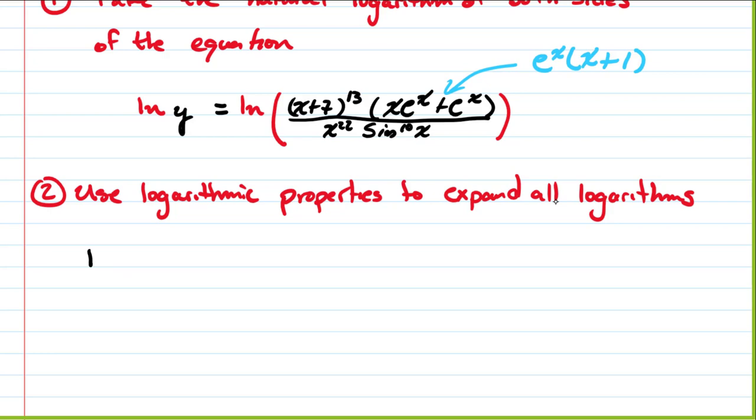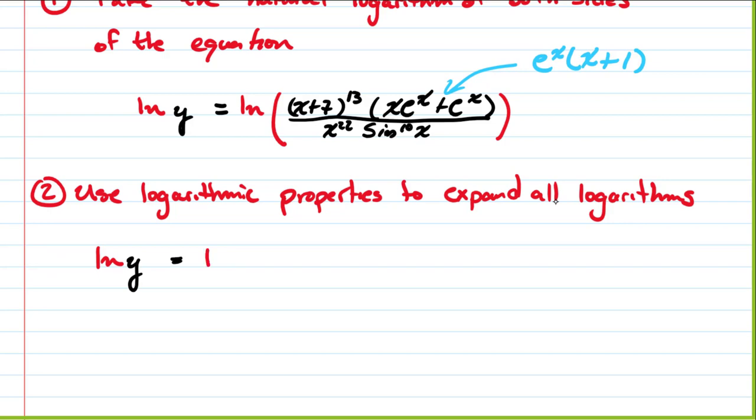So the left-hand side is just going to stay as the natural logarithm of y is equal to. And we noticed when we do our log properties, things in the numerator end up being positive, and things in the denominator end up being negative, right? So writing this out, we're going to get a logarithm for each factor in the numerator.